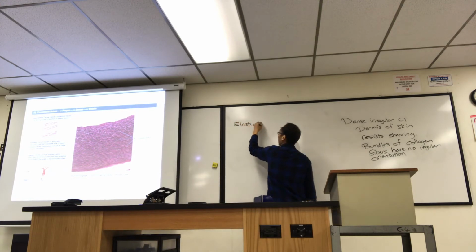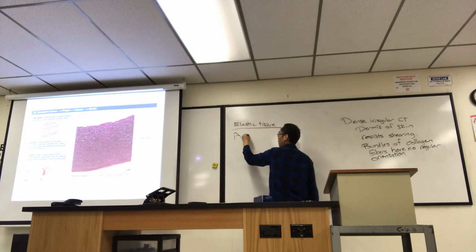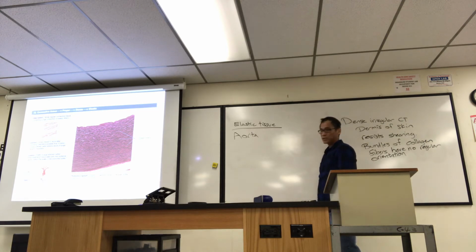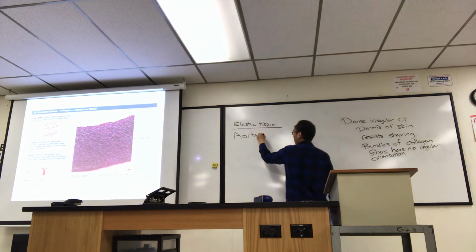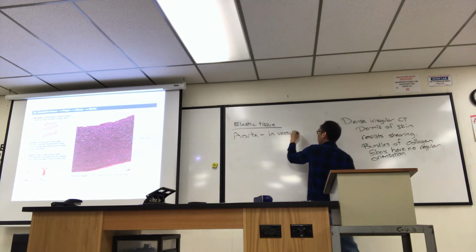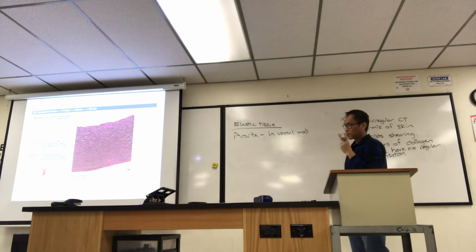Aorta is the largest artery attached to the heart, and we're looking at the vessel wall. In the vessel wall, you're going to notice primarily two things: pink smooth muscle and black elastic fibers.